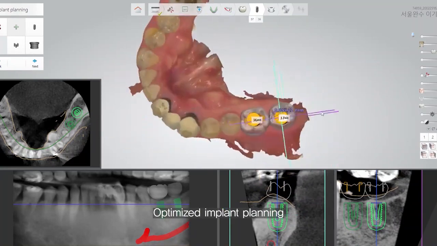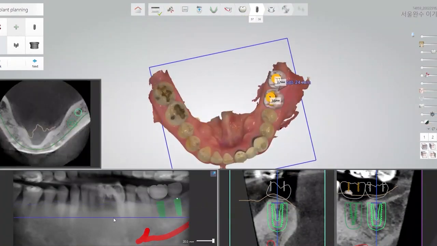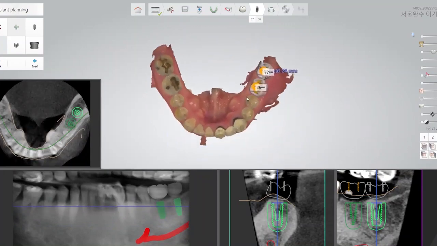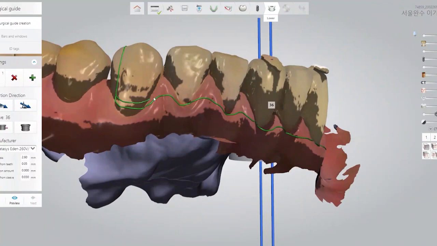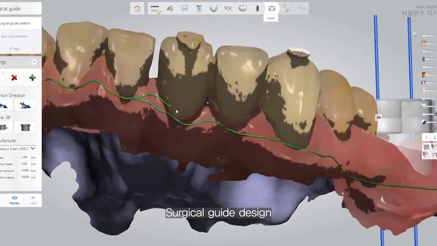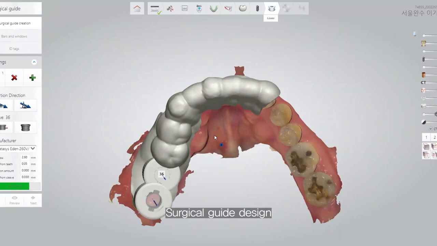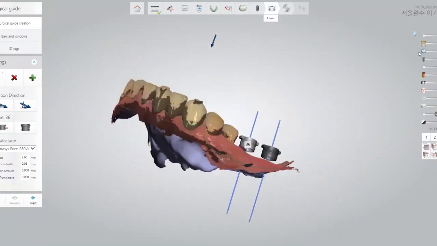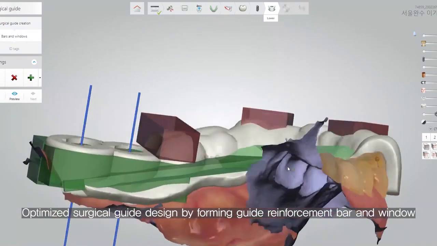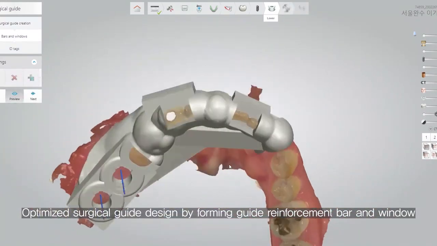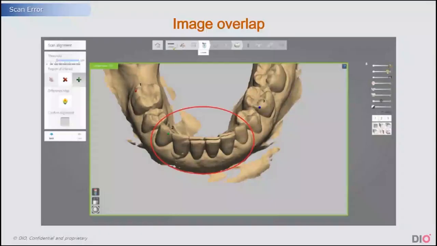Optimize implant planning by considering bone condition, occlusal relations, and prosthetic design. Mark the area for the surgical guide. Complete surgical guide design by forming a guide check window and a reinforcement bar.